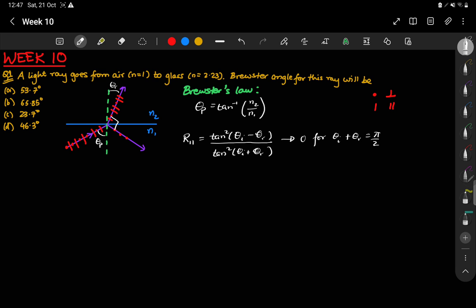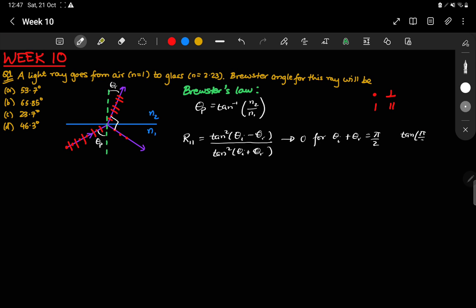Because tan of pi by 2 is infinity and 1 over infinity is 0. So this means that for Brewster's angle, theta I is theta p, the reflected and the refracted rays make an angle pi by 2, which is 90 degrees.